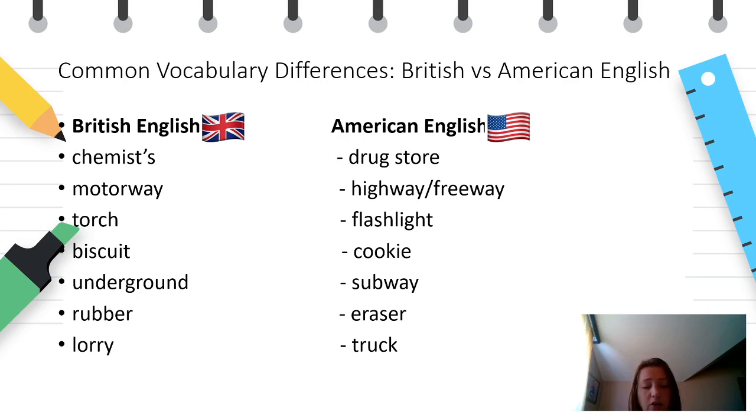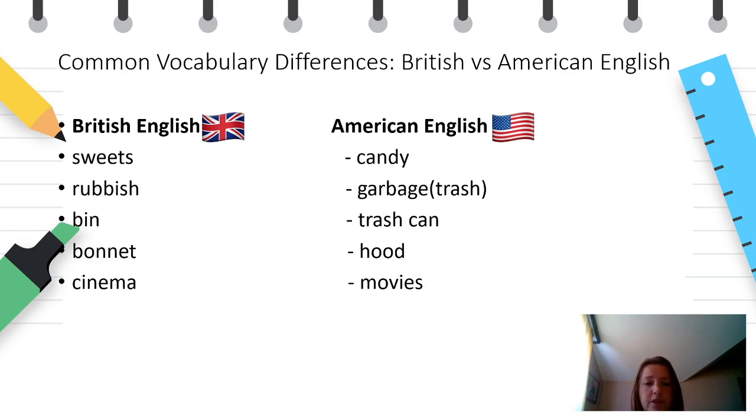For a large vehicle for transporting goods, British use the word lorry, and Americans use the word truck. Example: there was an accident between two cars and a lorry, or there was an accident between two cars and a truck. Sweets is another British English word, and the equivalent is candy in American English.